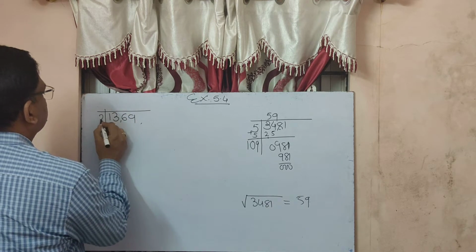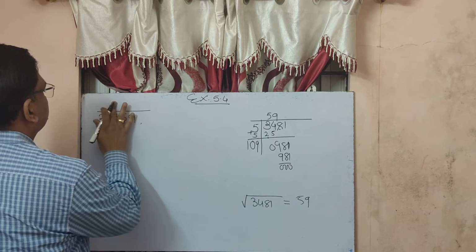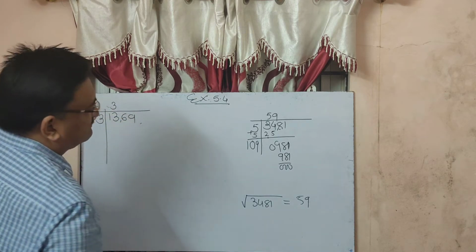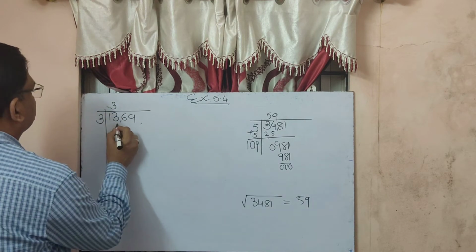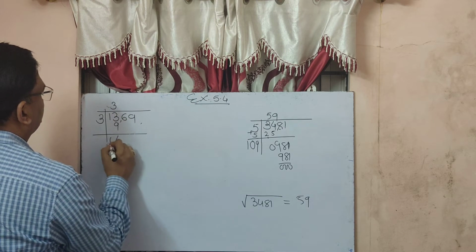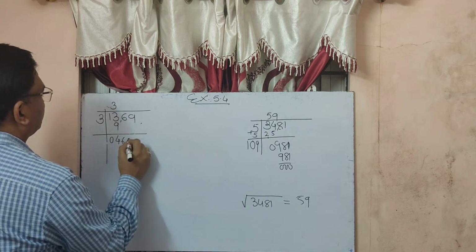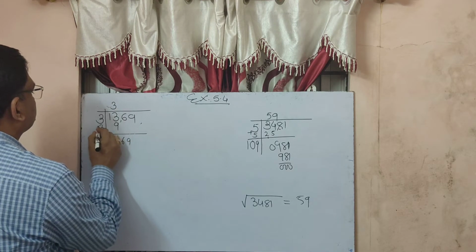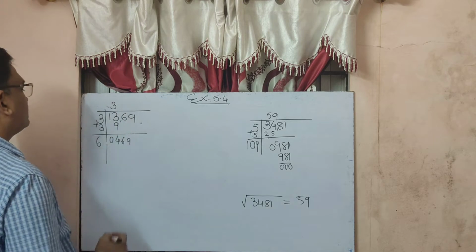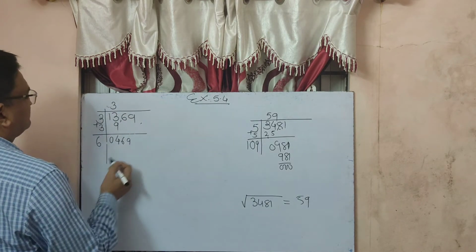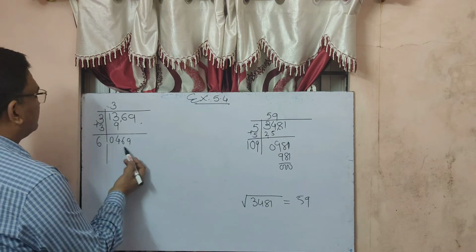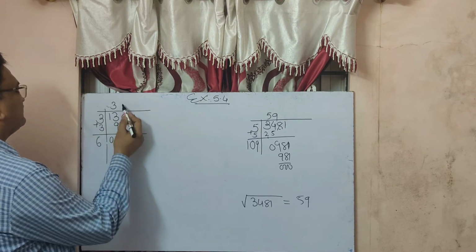Here 3 3s are 9, because 4 4s are 16, which is more than 13. So 3 3s are 9, so it will be 0 and 4. 69, take it down. 3 as it is, 3 plus 3 is 6. Now whatever you are going to write here, the same thing here. If you want to get 9, you have to write 3 here, 3 into 3 is 9.